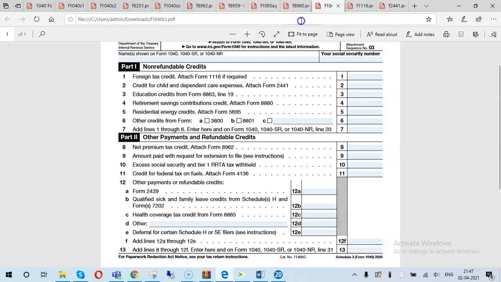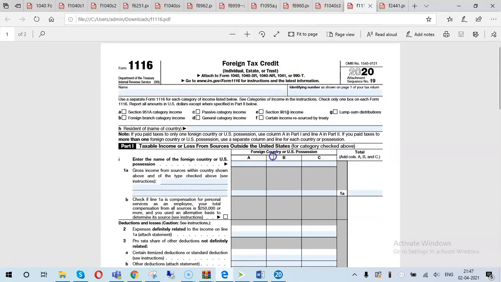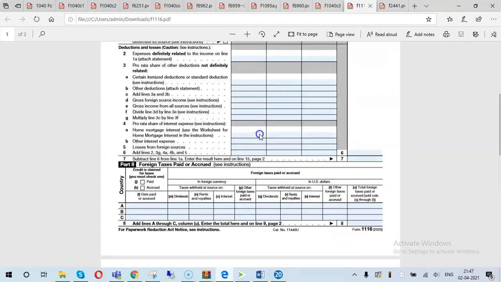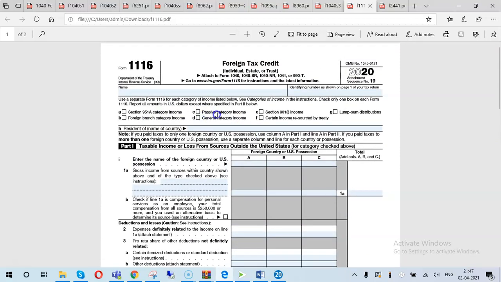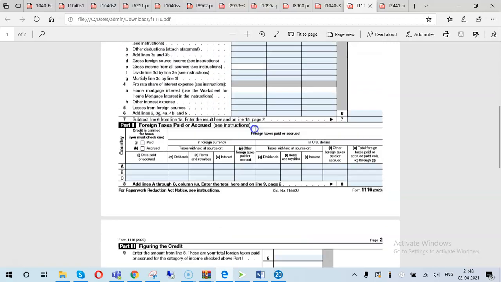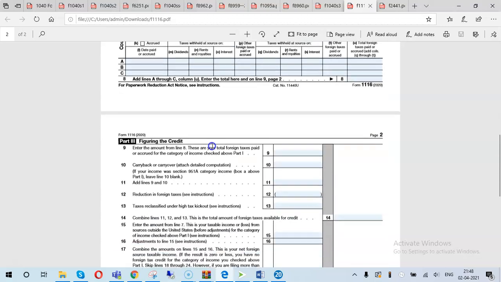I am showing you Form 1116, foreign tax credit. You can see the different categories like passive category income, general category income, section 901(j) income, certain income re-sourced by treaty, and also foreign taxes paid or accrued.